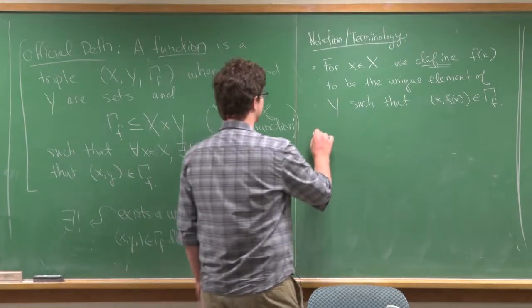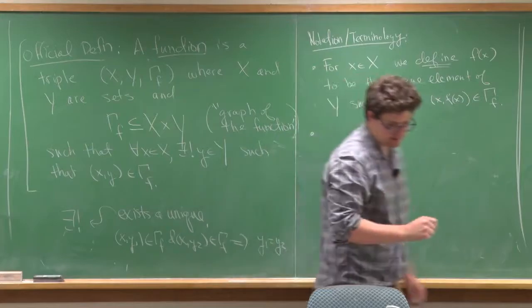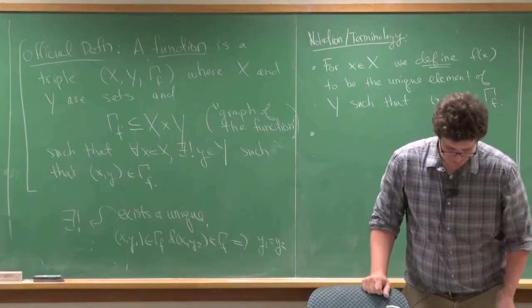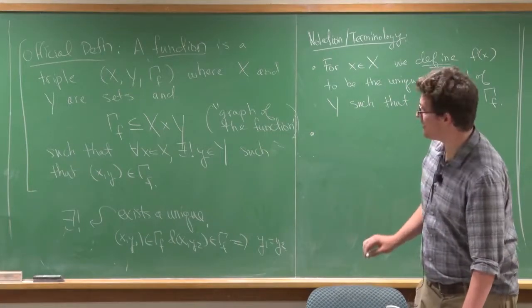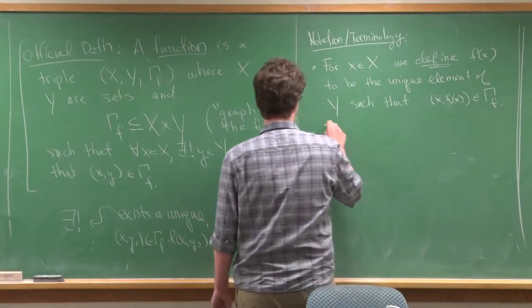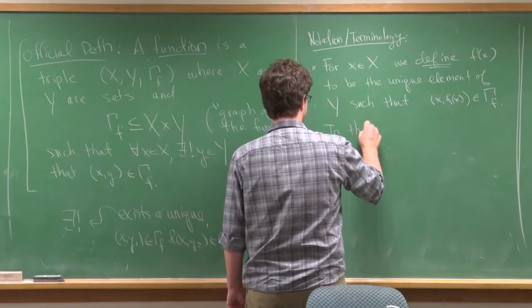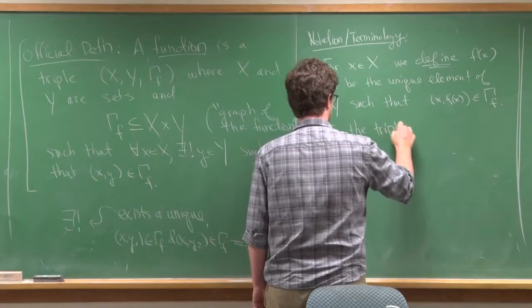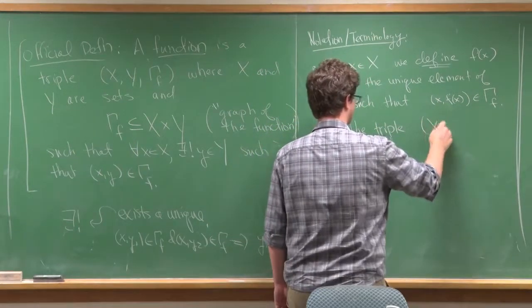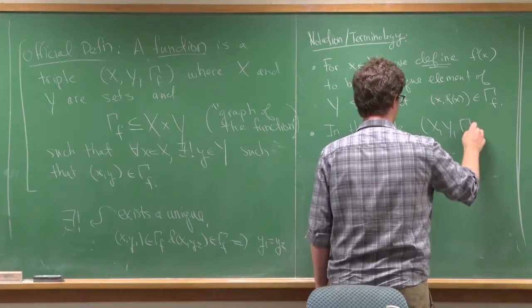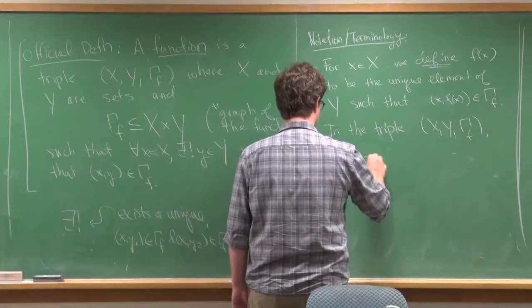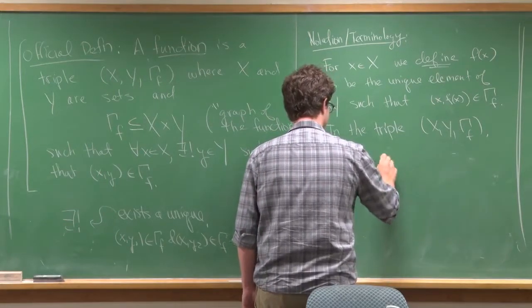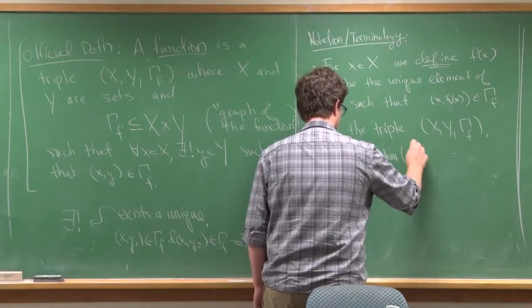Okay? So we define this thing in this way. So here, I need to say that in the triple X, Y, gamma of f here, X is called the domain of f.